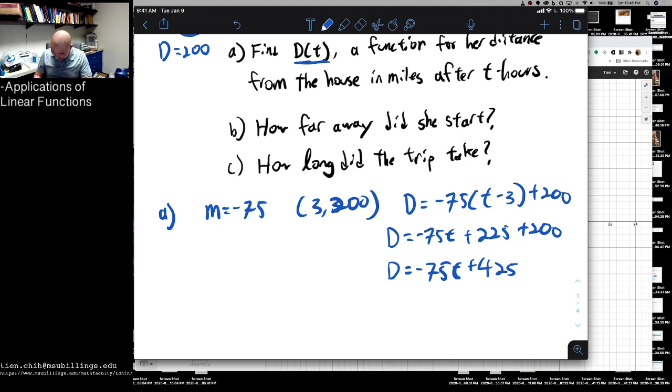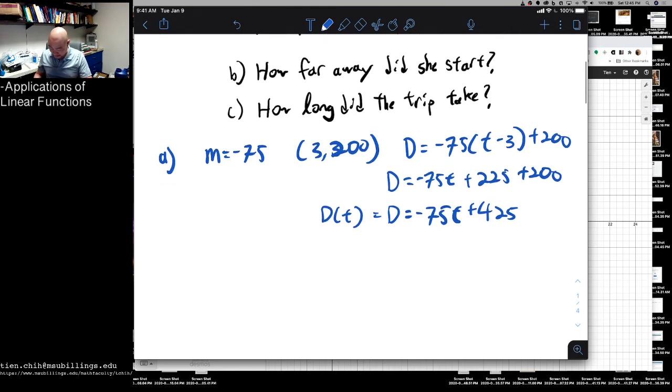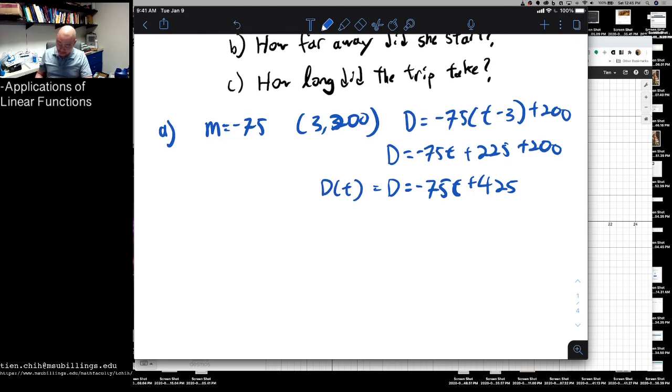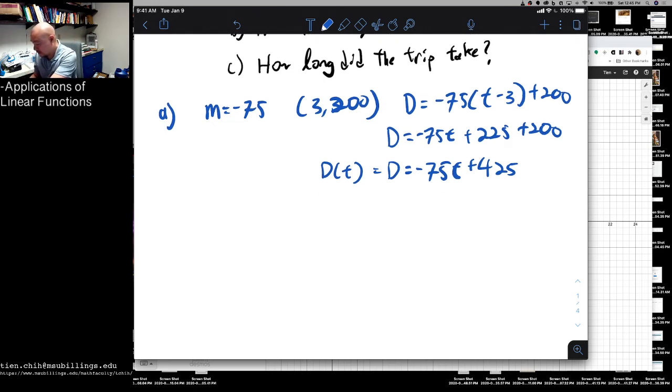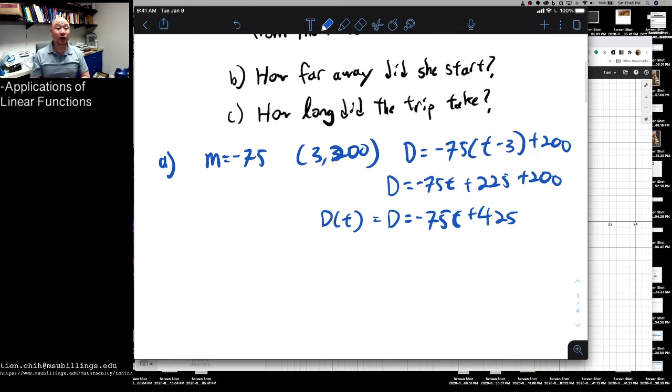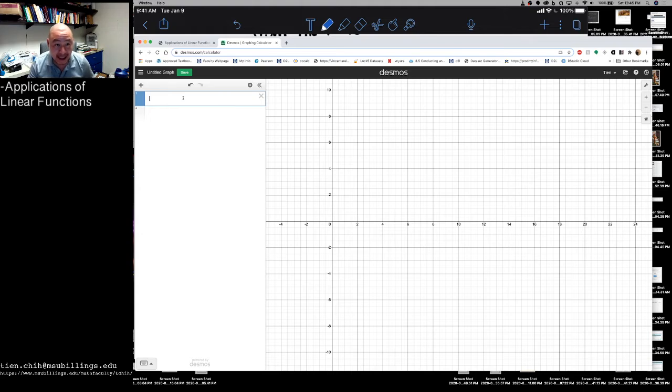So that's my distance as a function of time, right? And so we can go ahead and plot this out, and that might help us answer the other parts as well. So what we have is d of t is minus 75t plus 425.